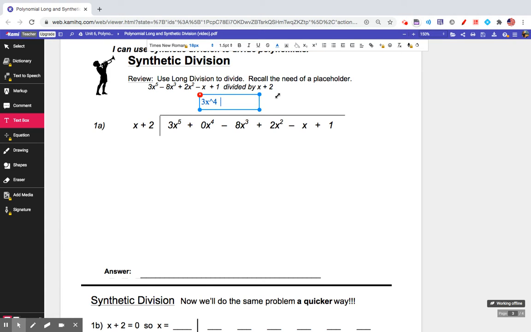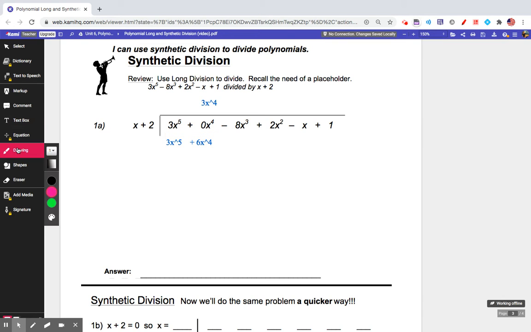And then I take that 3x to the 4th, and I multiply it by both of these terms here. 3x to the 4th times x is 3x to the 5th. We want those to match because we want to eliminate them when we subtract. Now 2 times 3x to the 4th is plus 6x to the 4th.